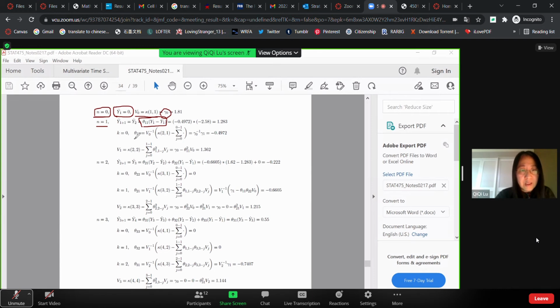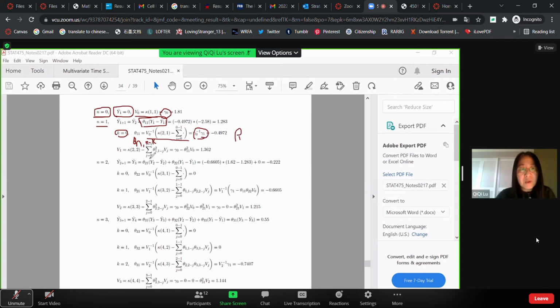Because in the formula we have n minus k, right? So theta 1, 1, n equals 1, k equals 0. So we use the formula. V0 is gamma 0, so inverse, kappa 2, 1, where the time difference is 1. That's gamma 1. So this is gamma 1 divided by gamma 0, which is rho 1.